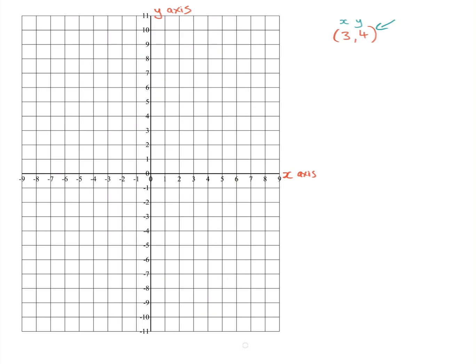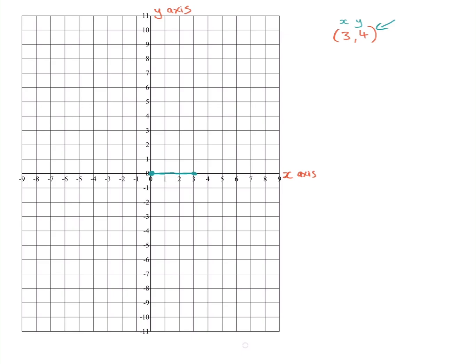I always start at 0, 0, in the middle here. And the first thing I do is go to the first number. The first number is 3. It's a positive 3. So imagine this blue line is actually my finger. I go out to 3, and then I look at the Y number. The Y number here is 4.